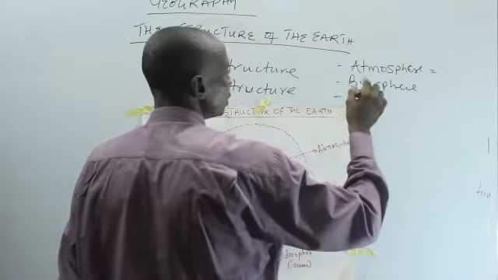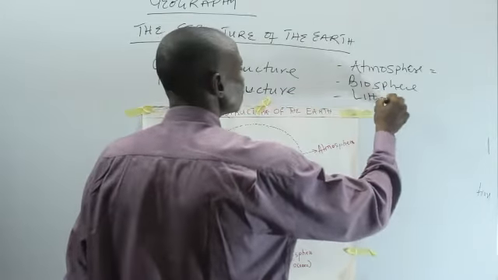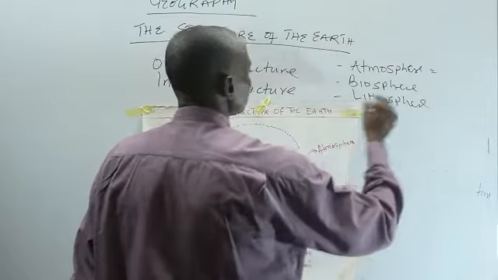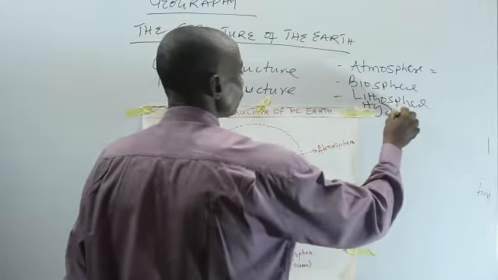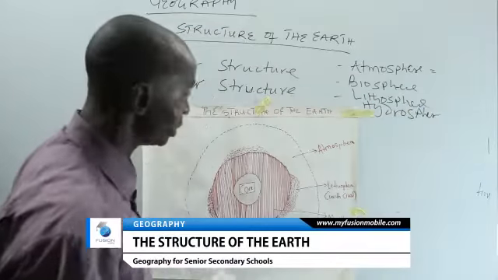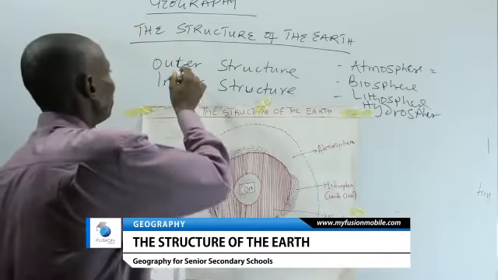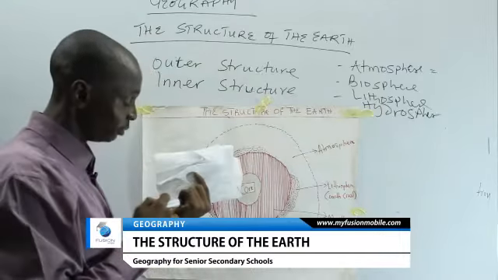Number three, the lithosphere. Number four, the hydrosphere. All these are spheres. We are talking about the outer structure, or the outer layers, of the Earth.